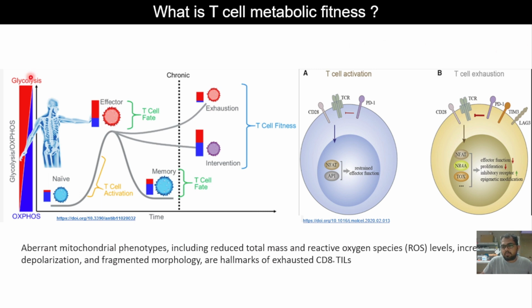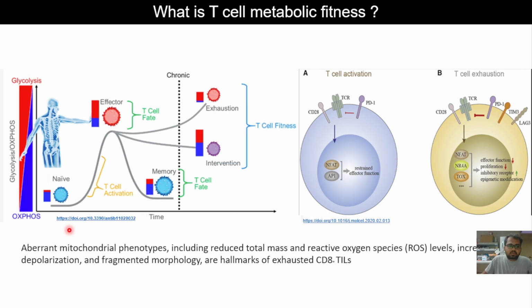Similarly, in this paper, we will see the markers which have been investigated to show whether these cells are activated or exhausted, especially the markers you can see here: TIM3, LAG3 and PD1. These markers have been used in this paper to show whether the cells they are studying are activated or exhausted.